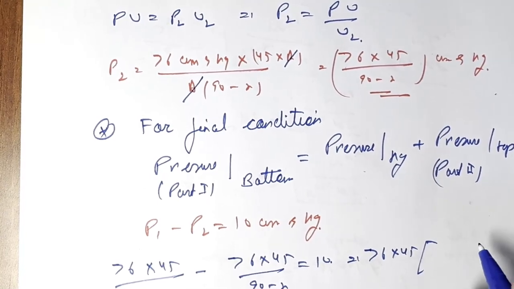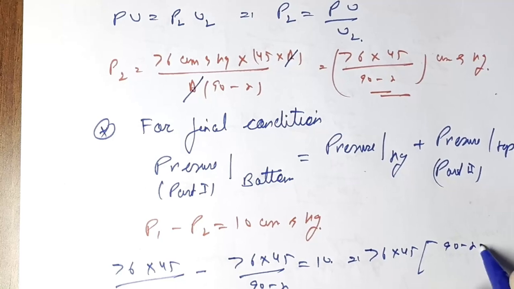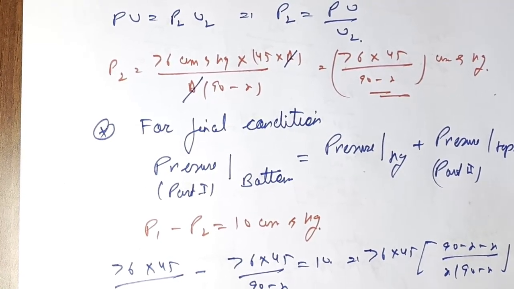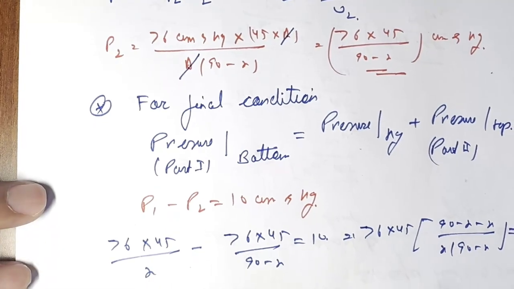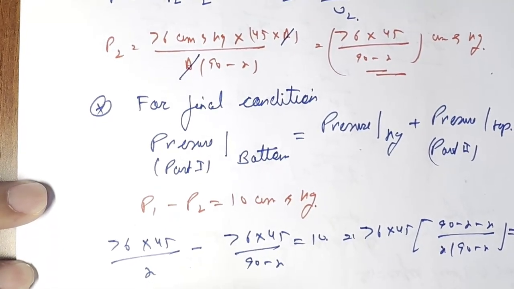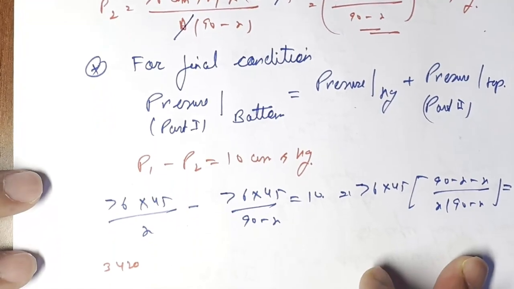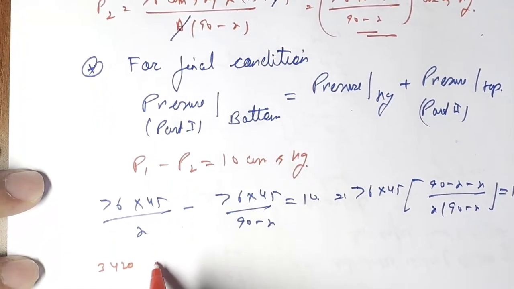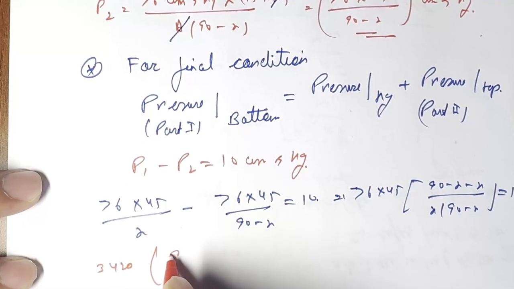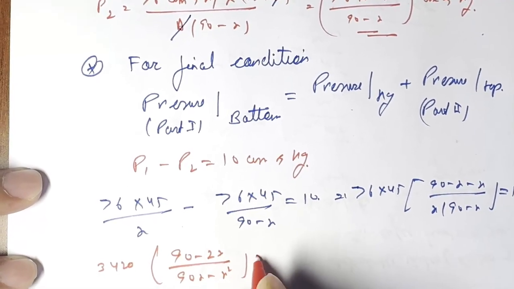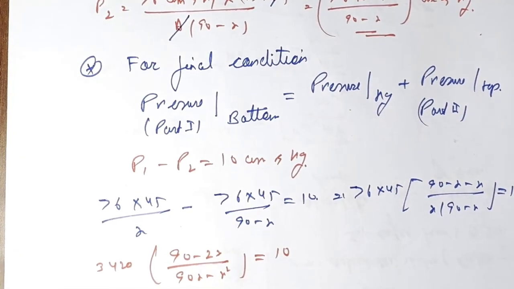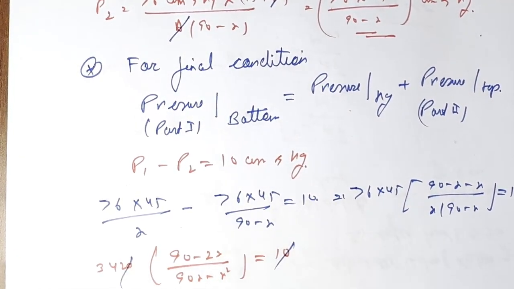We get (90 minus x minus x) divided by x multiplied by (90 minus x), equal to 10. If you multiply it, we get 3420 multiplied by (90 minus 2x), over 90x minus x square, equal to 10, and the 0 cancels with this 0.